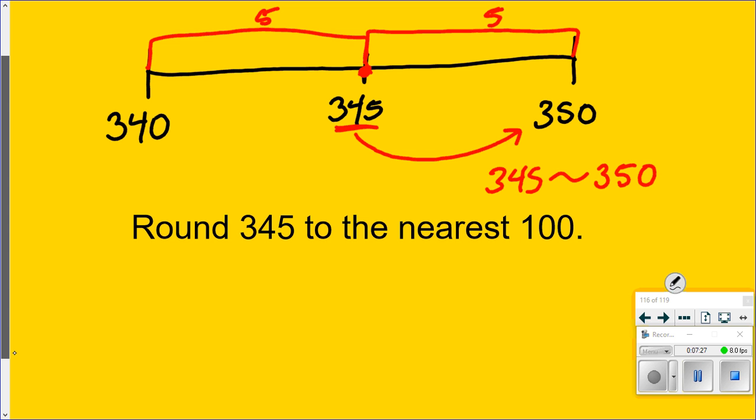Now we're going to do the same number, but round it to the nearest 100. We should get a different estimation, because 350 is not a number I can land on when I'm looking at my multiples of 100. So I'm going to get a different number.